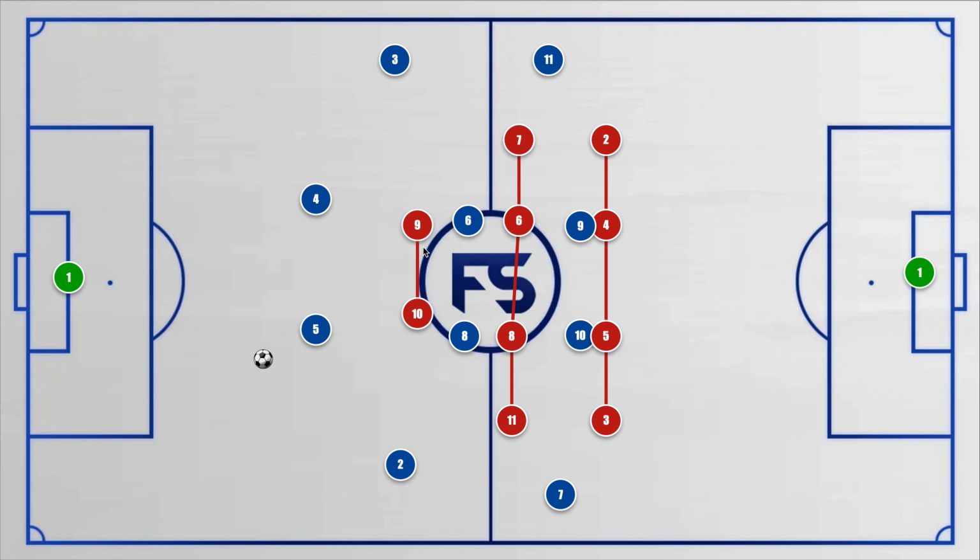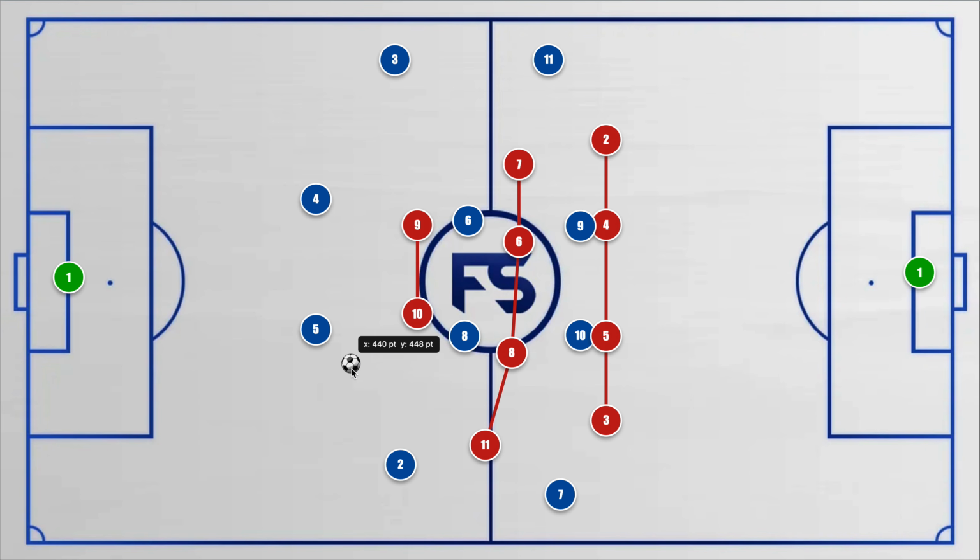To be able to break the first line of pressure with our centre backs, there are different ways to do it. Normally a team would circulate the ball and teams would shift across, as we all know. So let's say that we've started here, we've played a pass into here, their team shifts across, pass.